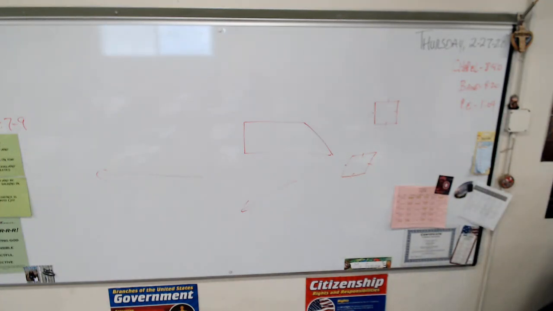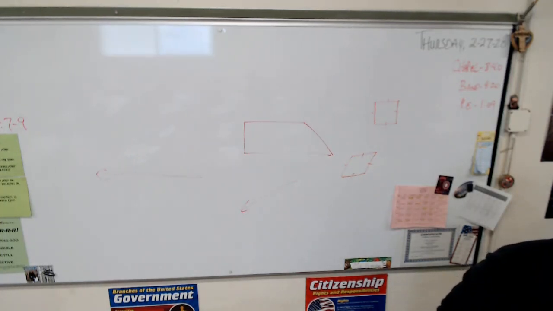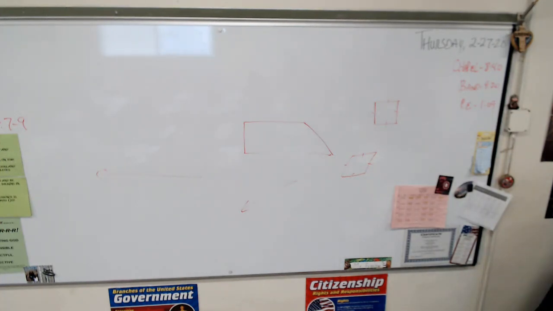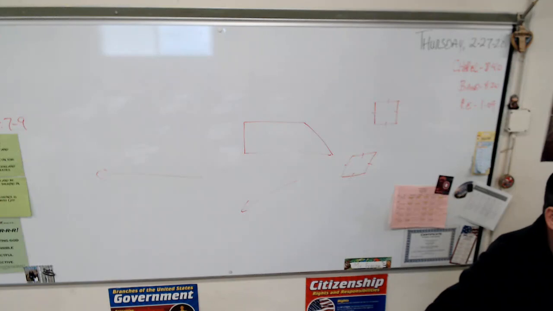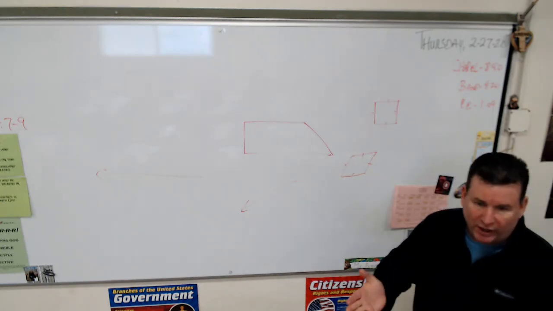If x is 72, what's the angle right next to it have to be? You see where x is? Look just to the right of x. What does that angle have to be in that parallelogram, or that quadrilateral over there? It has to be 72, based on what knowledge?